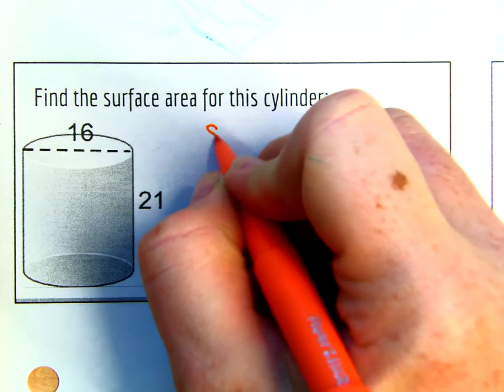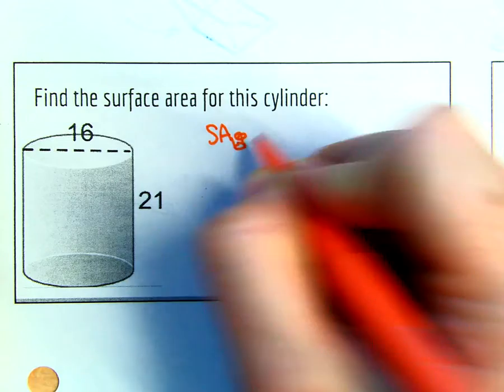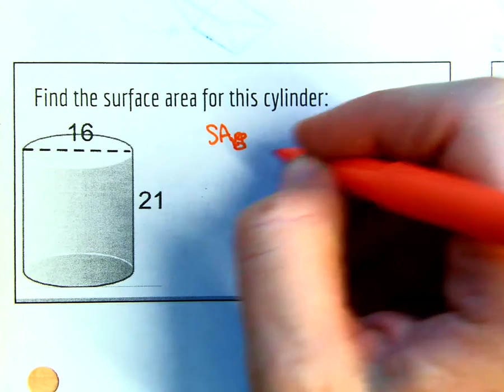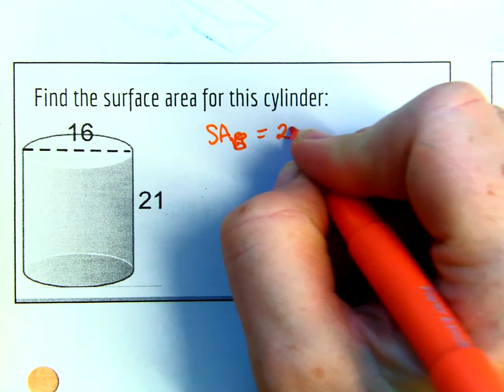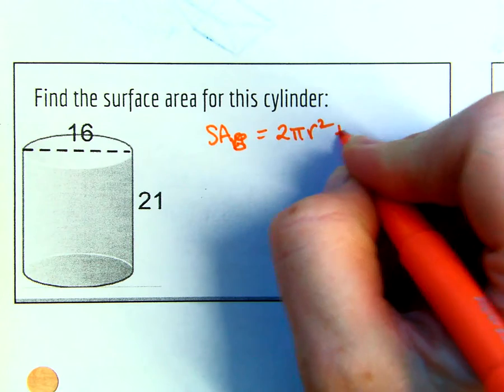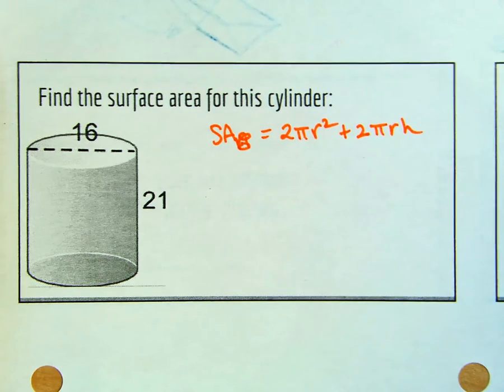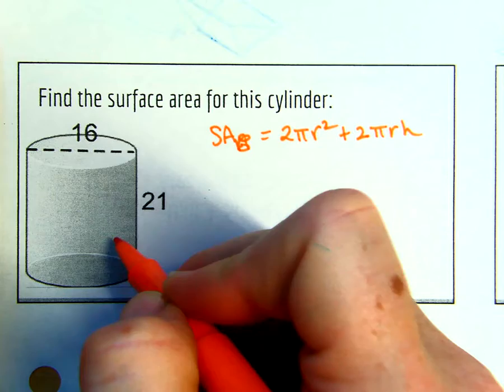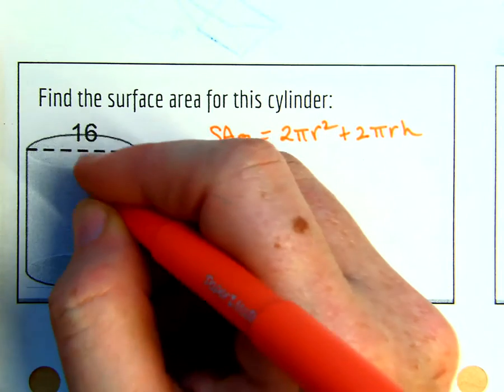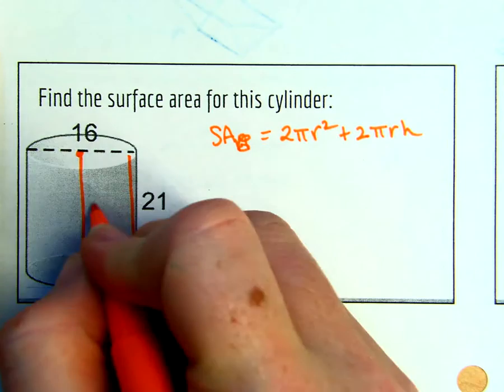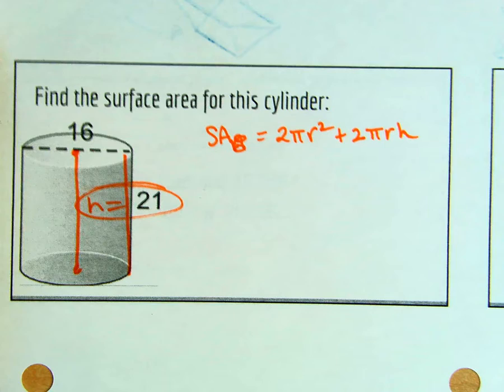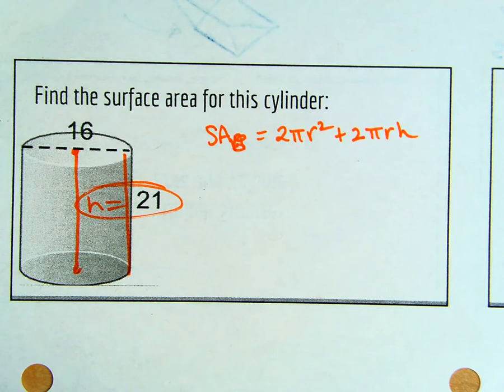So again, surface area formula for a cylinder is 2 times pi times the radius squared plus 2 times pi times the radius times the height. So I just need to determine r and h. Well, this one's easy. Here's my height. Could also be here. Doesn't matter, because whether we're looking at the side or the middle, it's still the height.